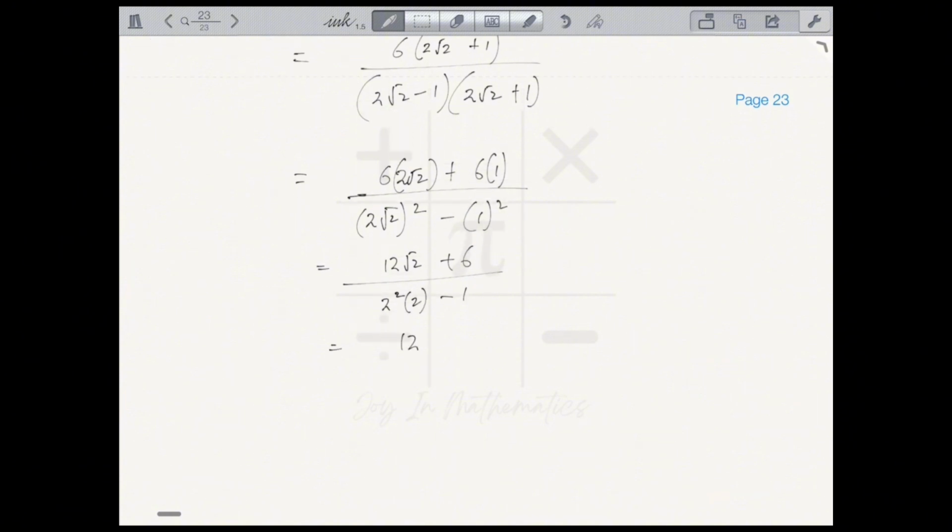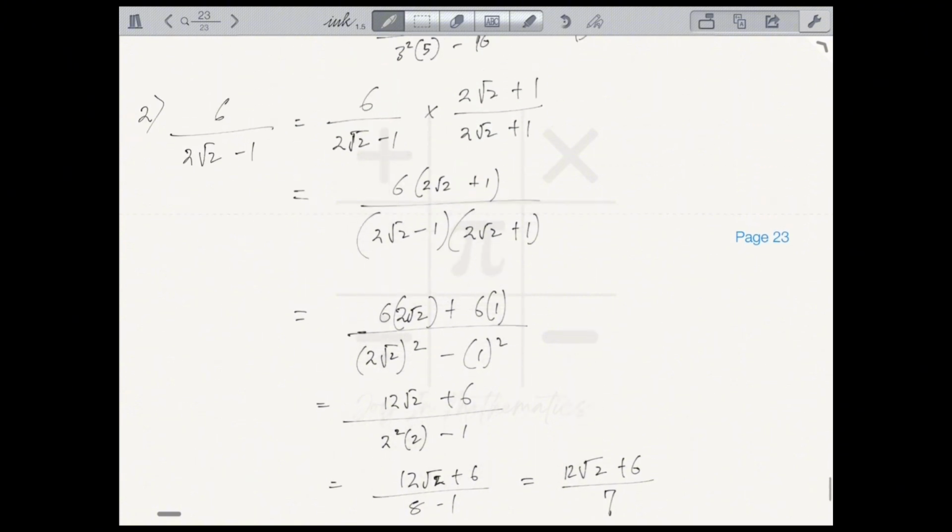So this will be 12 root 2 plus 6, and 2 squared is 4 multiplied by 2, that's 8 minus 1. So this will be 12 root 2 plus 6 divided by 7.